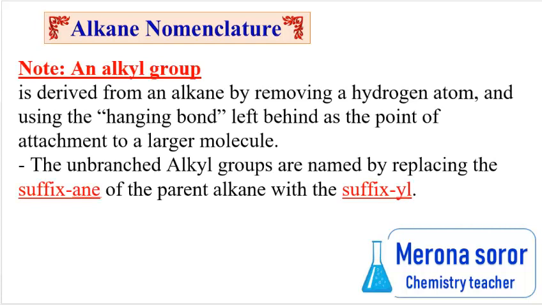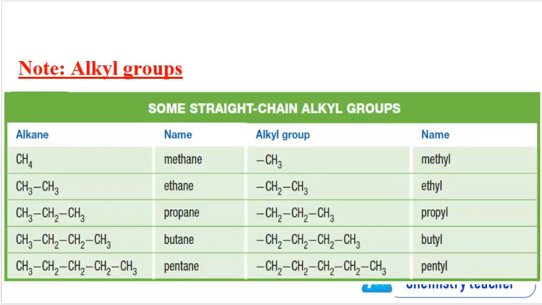An alkyl group is derived from an alkane by removing a hydrogen atom and using the hanging bond left behind as the point of attachment to the larger molecule. The unbranched alkyl groups are named by replacing the suffix "-ane" of the parent alkane with the suffix "-yl". Alkyl groups.